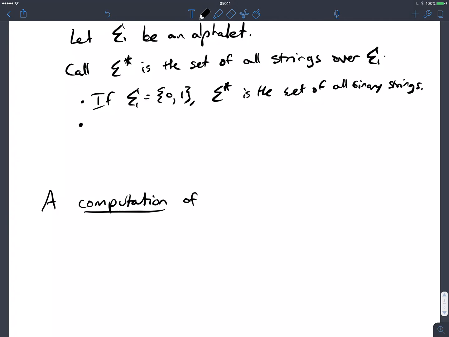What if sigma was the empty set? What is sigma star in this case? Well, could I ever pick a string of length 1 or more? Could I pick a string of length 0? Yes. Pick 0 things out of the empty set. What string do I have now at this point? The empty string. So sigma star happens to be the empty string in that case.